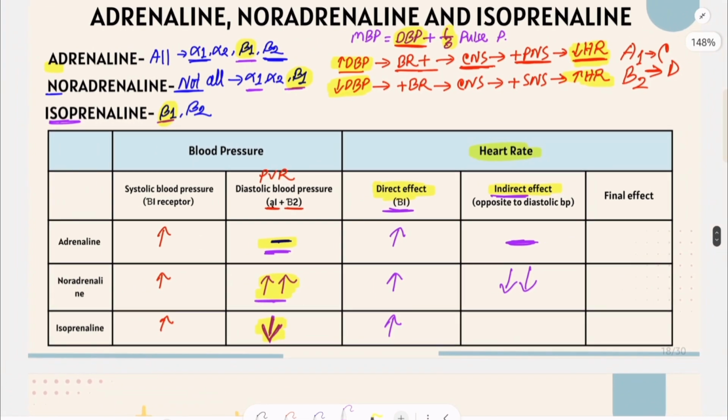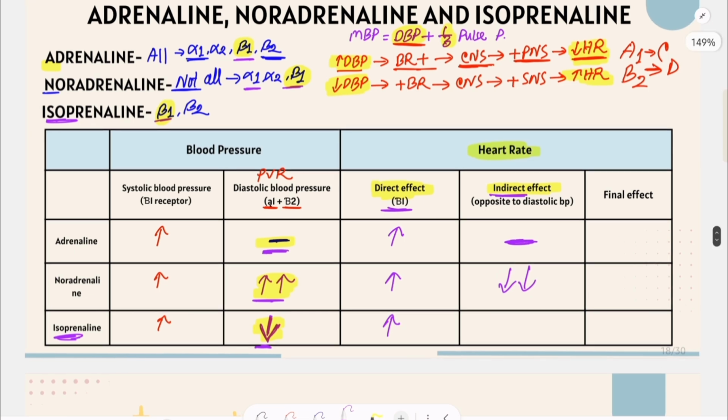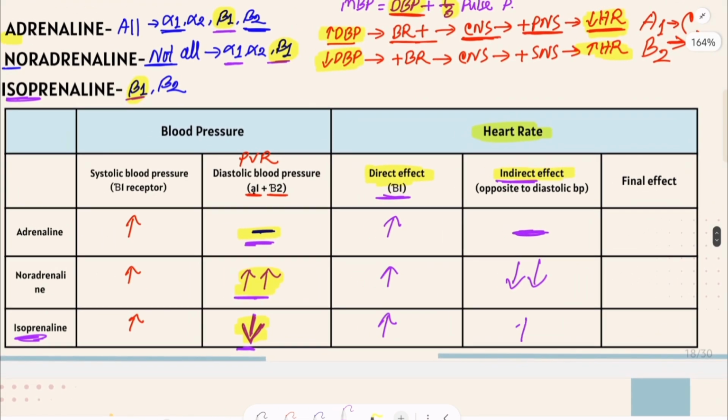And isoprenaline decreases the diastolic blood pressure. So indirectly it will increase the heart rate. If we see the final effect on heart rate, it will be simply the arithmetic sum of these two heart effects. So adrenaline will increase the heart rate, noradrenaline will decrease the heart rate, and isoprenaline will increase the heart rate.